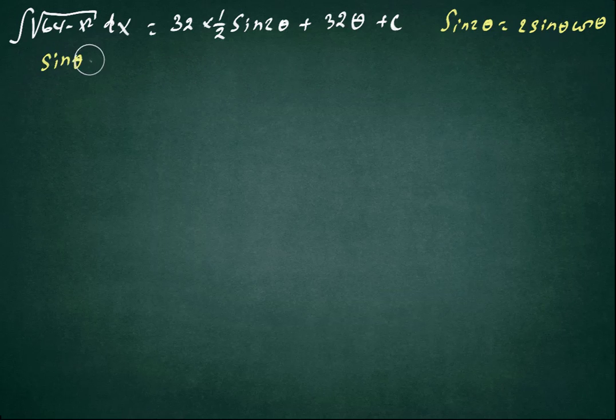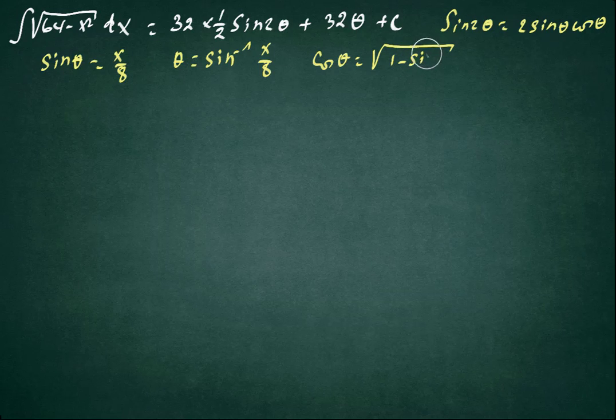So sine theta being equal to x over 8, and theta is equal to arc sine of x over 8, cosine theta becomes square root of 1 minus sine squared theta, which is equal to the square root of 1 minus x squared over 64.